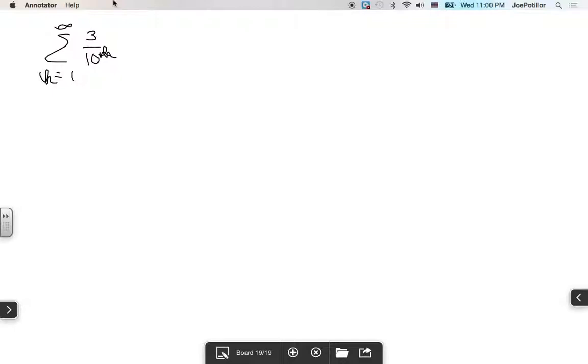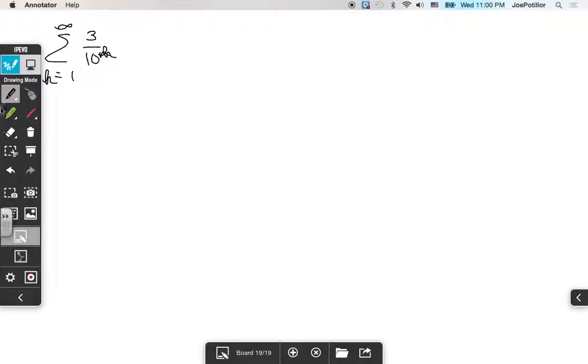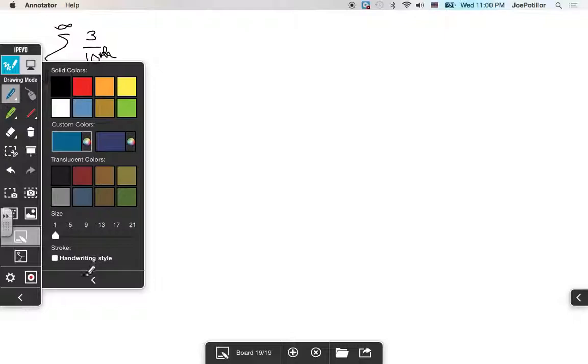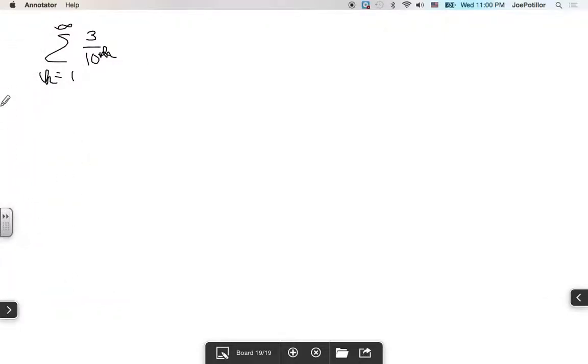The way we find an infinite sum is to find the sum of the partial sums, basically, or sums of finite sequences is another way to look at it. So we kind of deduce this by induction.